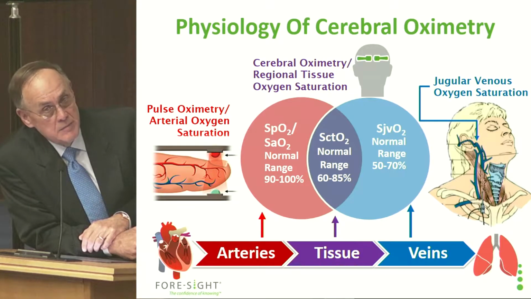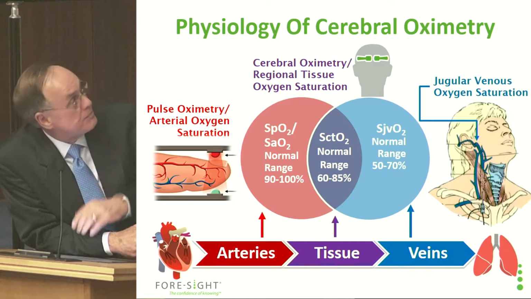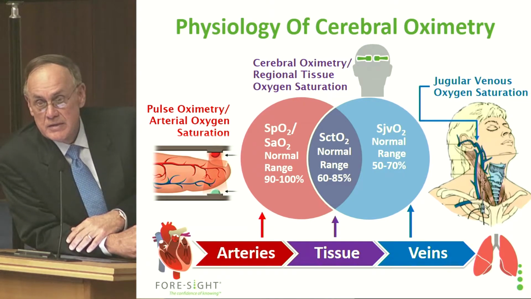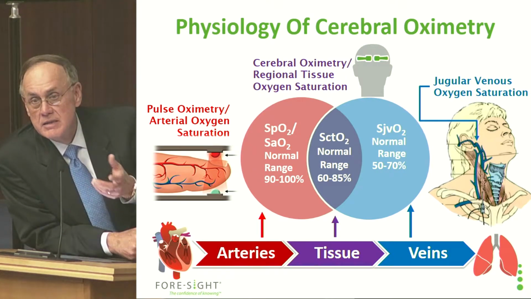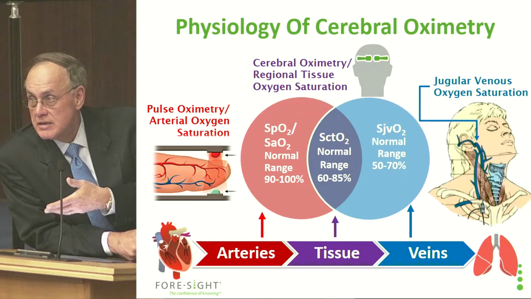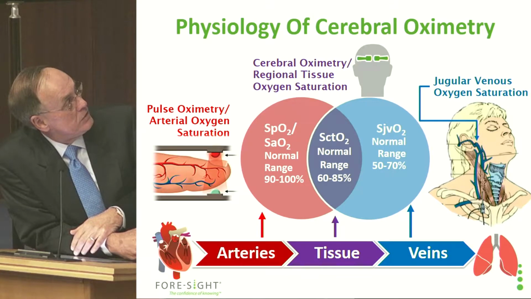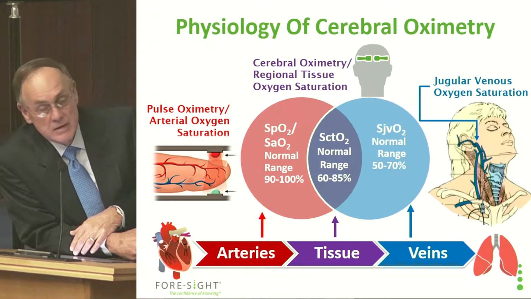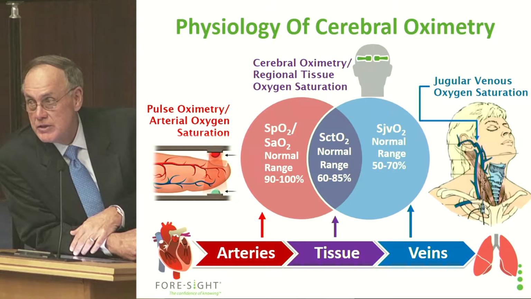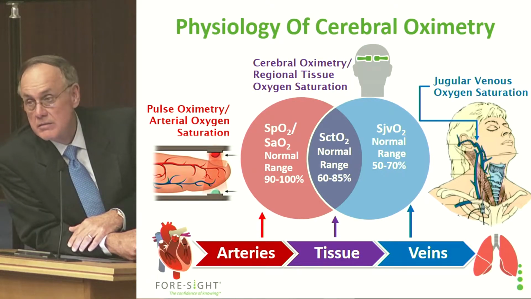Now, the cerebral oximeter, right here with the sensors on the forehead, is a regional saturation measurement, and the monitor can't tell the difference between blood that's in the arterial system and the blood that's in the venous system. So it's a mixed value, and you can see that the monitor will give you a saturation value that's slightly higher, by about 10 points, than the absolute venous value.